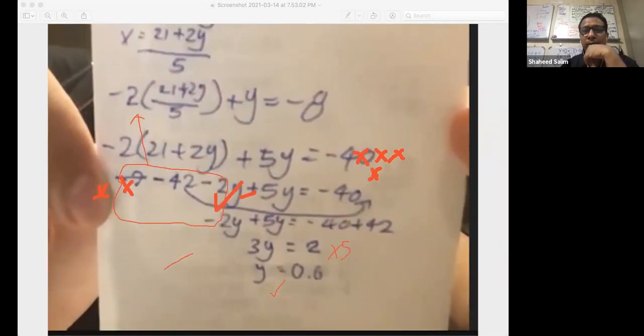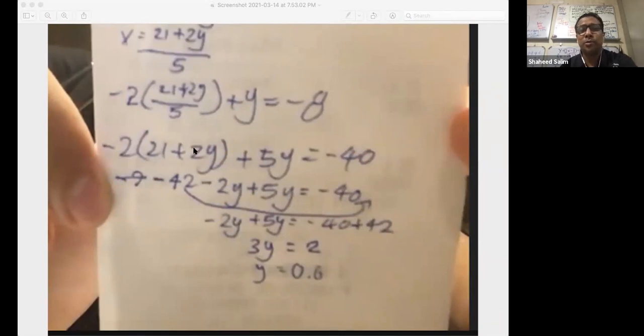Okay. I need to remove all these marks now. So now, after that, what happened? He times out. Minus 42, correct. This one can get 2y. Hello, 2 times 2, 4y. You get your mistake already, not?